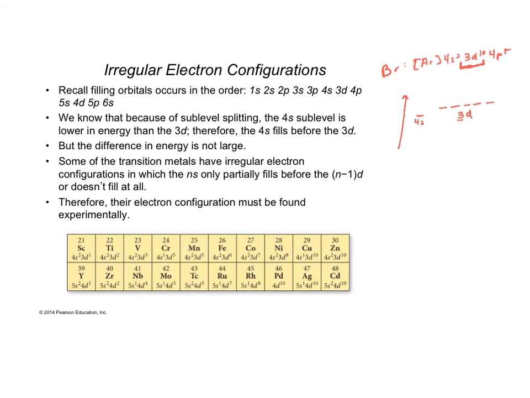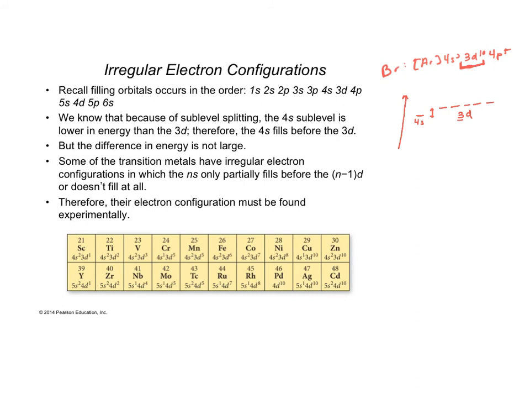What we'll find for the transition metals in this d series is that the difference in energy between the 4s and the 3d is very small, so sometimes we get irregular electron configurations because of that, okay?